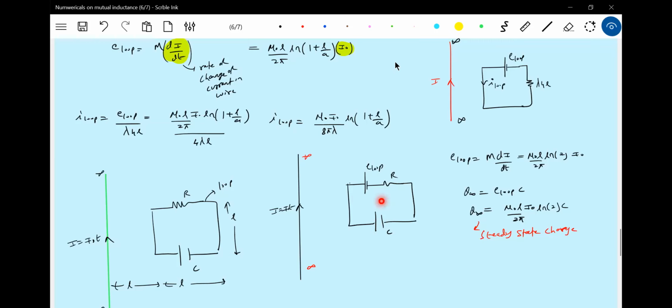Again, it's a pure RC circuit problem with a cell. From where is that EMF of the cell? Due to mutual inductance. Able to understand now? This is a very basic problem. This can be asked in a different way here.